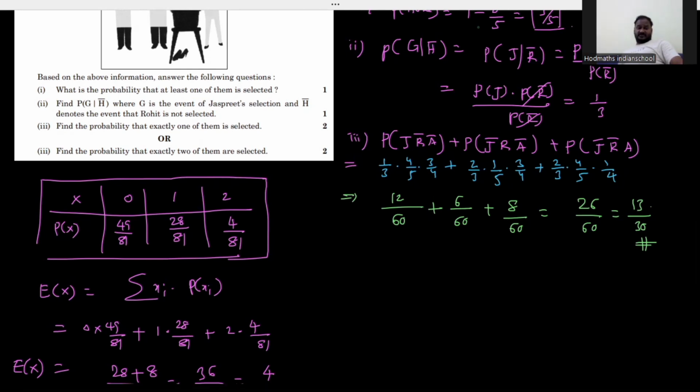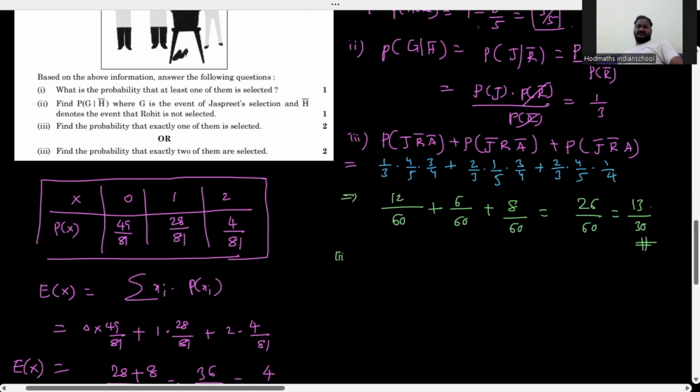Now, third question, internal choice: find the probability that exactly two of them are selected. It is the same. Exactly two of them are selected means what? For example, Jasprit is selected, Rohit is selected, Alia is not selected. Otherwise, Jasprit is selected, Rohit is not selected, but Alia is selected. Or Jasprit is not selected, but Rohit is selected and Alia is selected. So these are the cases when exactly two of them are selected, right?